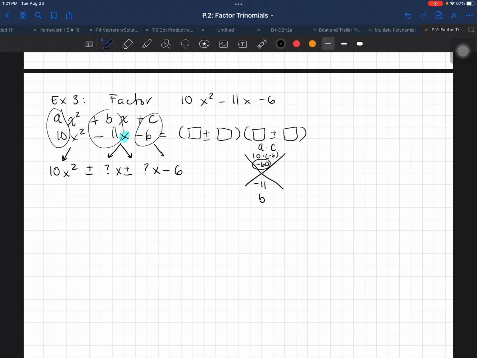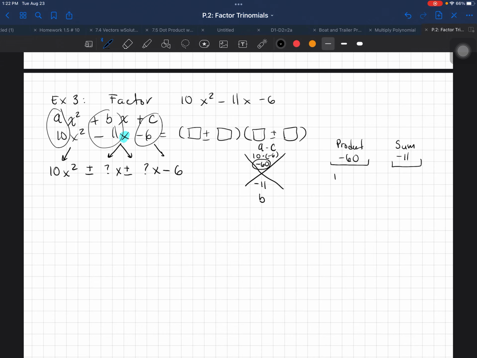All right. So what we're going to try to do is find those two numbers that when you multiply them, the product gives you negative 60, but when you add them together, it gives you negative 11. So let's find these two numbers. Let's ignore for now the sign of the 60. So we're looking for two numbers that when you multiply them give you 60.